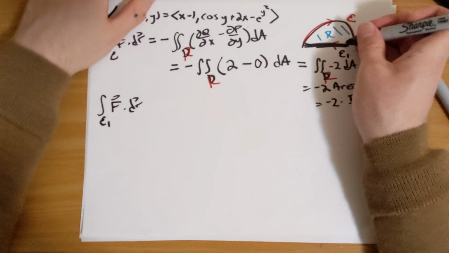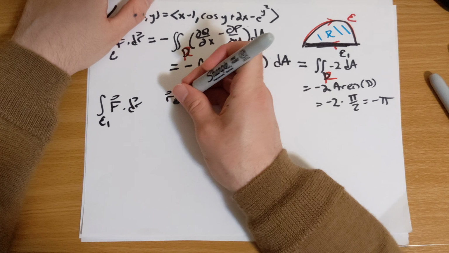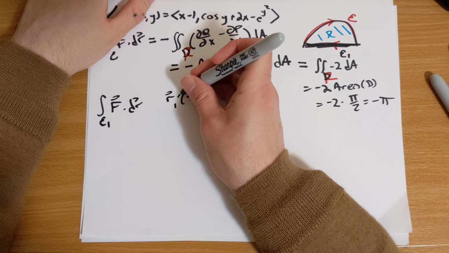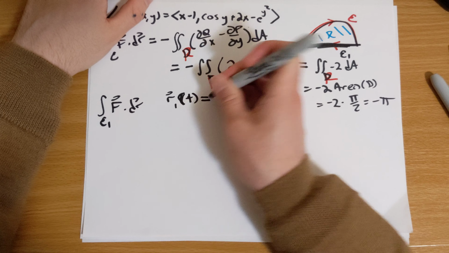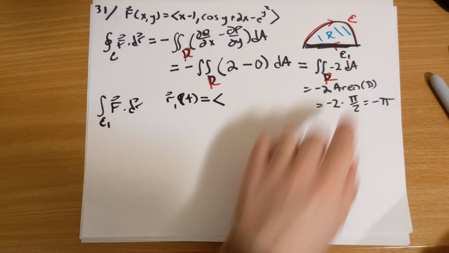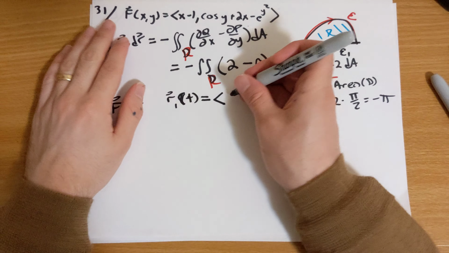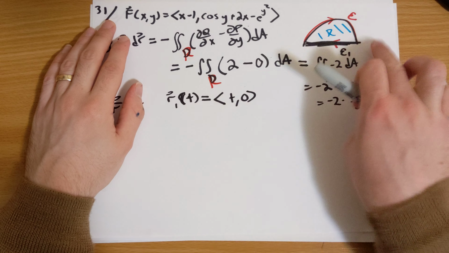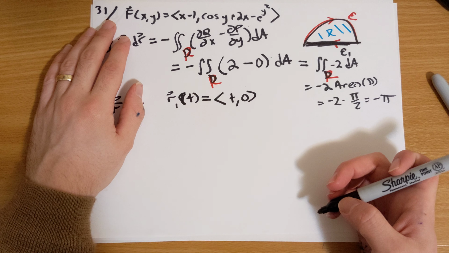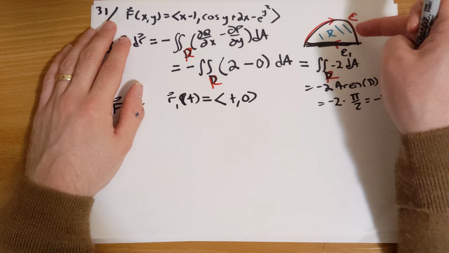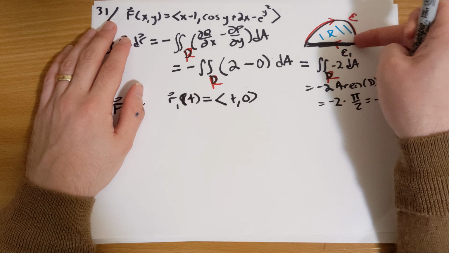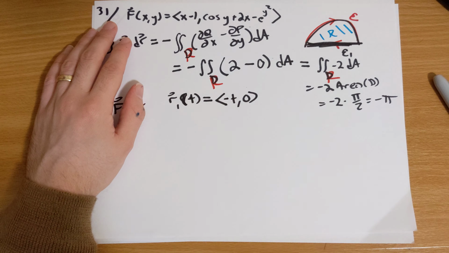How do we parameterize this? R1 of t. So we can go t comma 0. The y coordinate is always going to be 0. We want to go from right to left, so let's make it minus t.